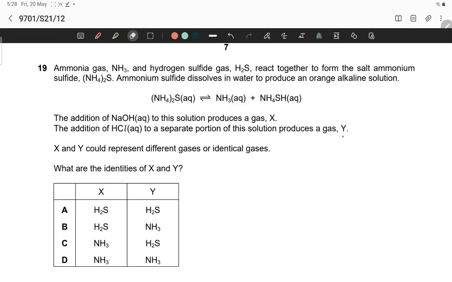Question number 19. Ammonia gas and hydrogen sulfide react together to form the salt ammonium sulfide. Ammonium sulfide dissolves in water to produce an orange alkaline solution.